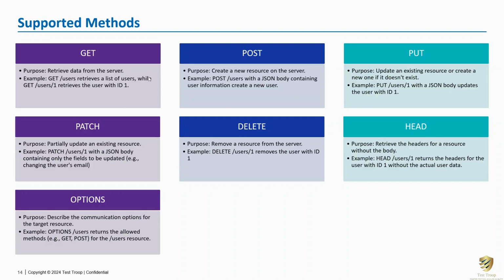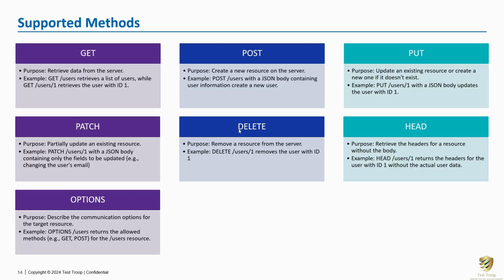REST supports the following methods: get, post, put, patch, delete, head, and options. Get is used to retrieve information. Post is used for creating a new resource on a server. Put is used for updating an existing resource or creating a new one if it does not exist. Patch is to partially update an existing resource.